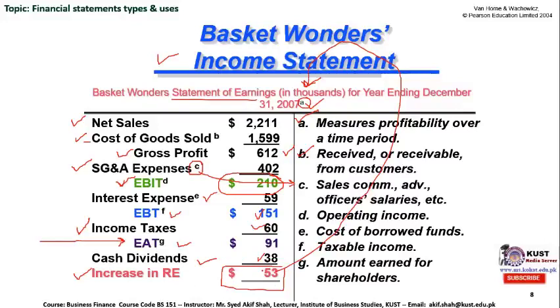So when the prospect of the companies are high and there are bright investment opportunities available, the board of directors normally decide to retain maximum amount of earnings so that they can rely less upon the bond holders or debt financing, and as well as they don't rely on the external financing. So this is also known as the sources of internal financing, what the company has retained inside, which is $53,000.